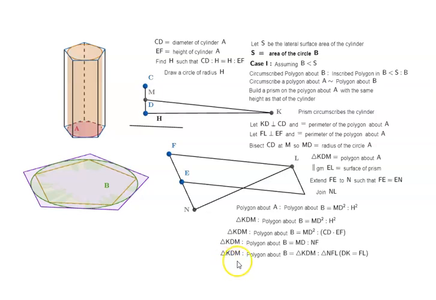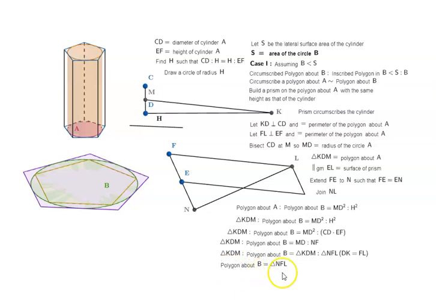So that means triangle KDM is to polygon about B is equal to triangle KDM is to triangle NFL. Now here, polygon about B and triangle NFL are both having the same ratio with the same object, that is triangle KDM. So that means they are equal to each other.